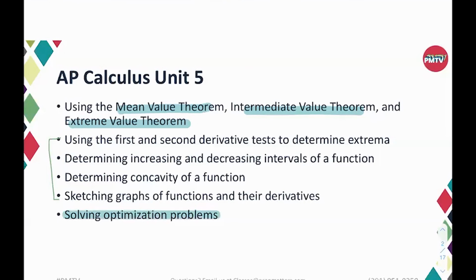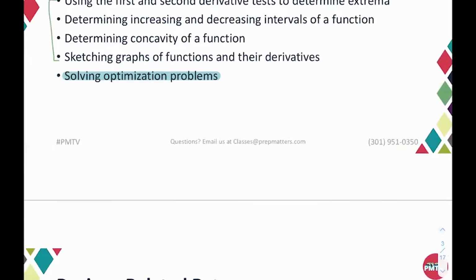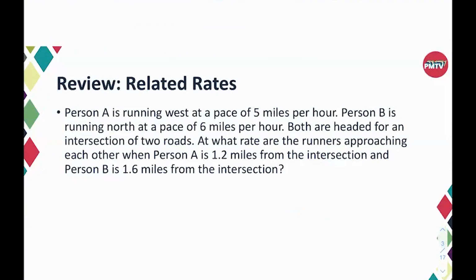Just like in the last session, we ended with a related rates problem, we're going to end this one with an optimization problem so that we can compare and contrast how to do those different types of problems. But before we do any of that, I would like to start with a related rates problem.